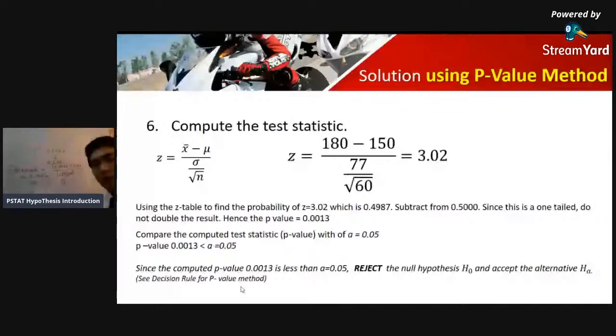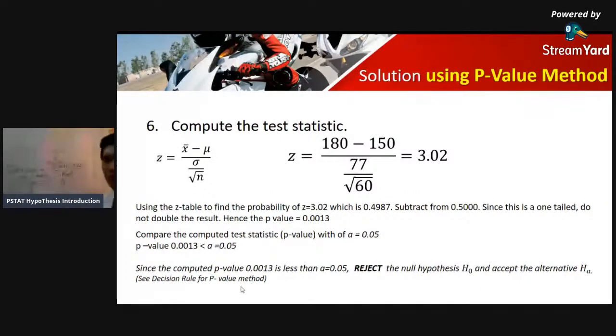Try to check your z table. At the bottom, you can see if the value approaches or reaches 3, there is a constant value. Some books use 0.4990 or 0.4989, 0.4987. I think they are mostly using 0.4987. Some of the books use 0.4990 or 0.4989.